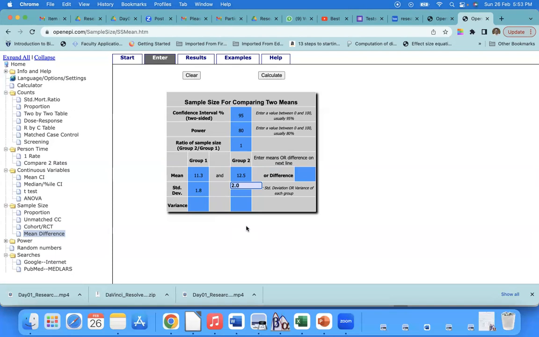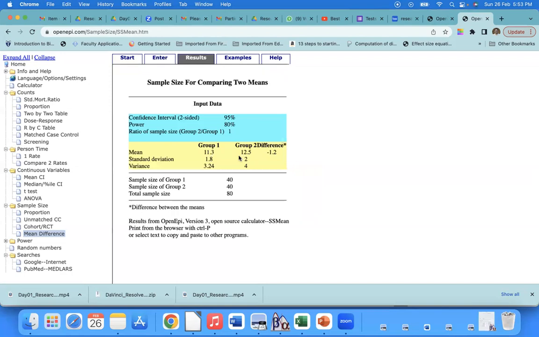Then they do exercise, and after that they check VO2 max, which is maximum aerobic capacity. The outcome is the mean value, a continuous variable. In that case, you have to give the mean value of the outcome variable and the standard deviation. Then you click compare and calculate the size: group 1 40, group 2 40 to get this mean difference.